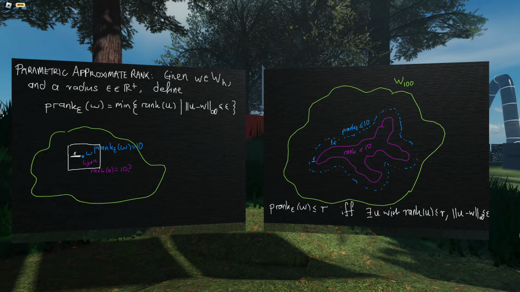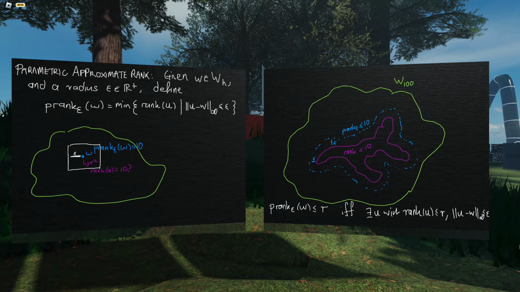So this is not saying too much more than just the definition, but it's another perspective that we're going to be able to use to interpret a computational problem, in terms of bounding the rank, in terms of now determining whether or not you're near a bounded rank region. So that's the use of this picture. Okay, that's the definition of parametric approximate rank.